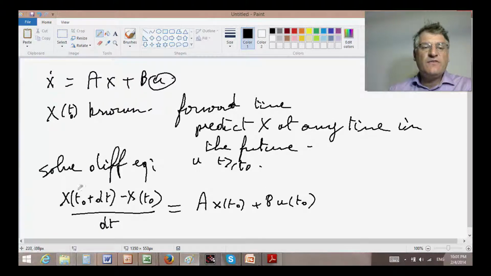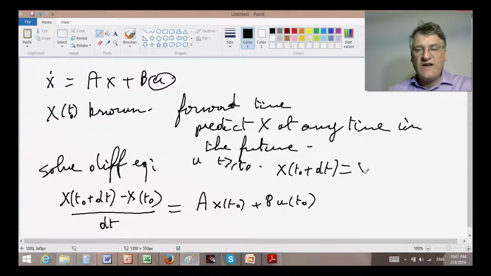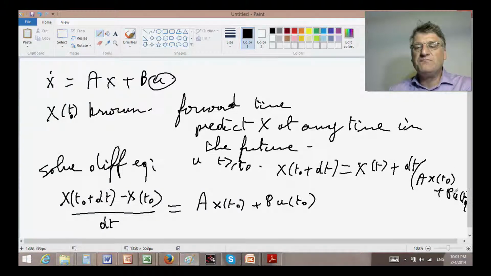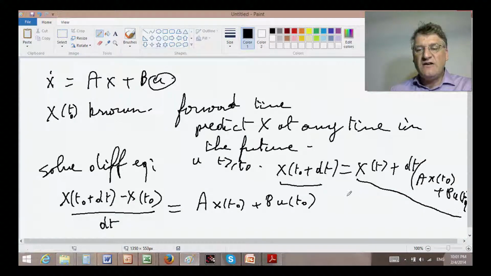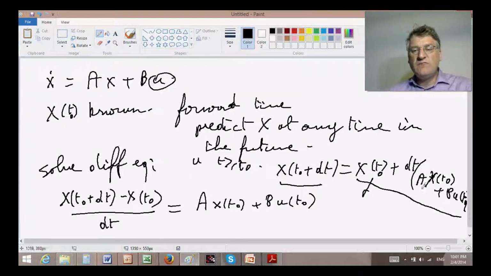That's an approximate expression for x dot. And what you get is that x of t0 plus dt is therefore equal to x of t0 plus dt times Ax of t0 plus Bu of t0. In other terms, x of t0 plus dt is entirely defined by knowing x at time t0 and u at time t0.